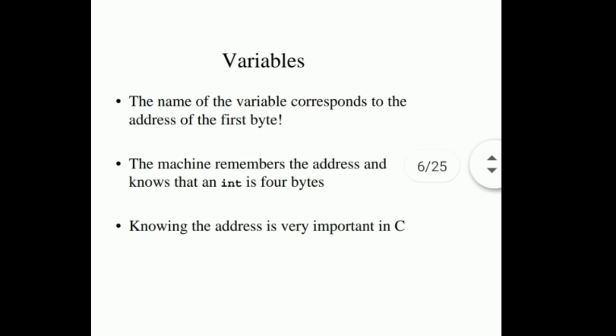Here are some rules for naming variables. A variable name can have only letters, both uppercase and lowercase. The first letter of a variable should be either a letter or underscore.